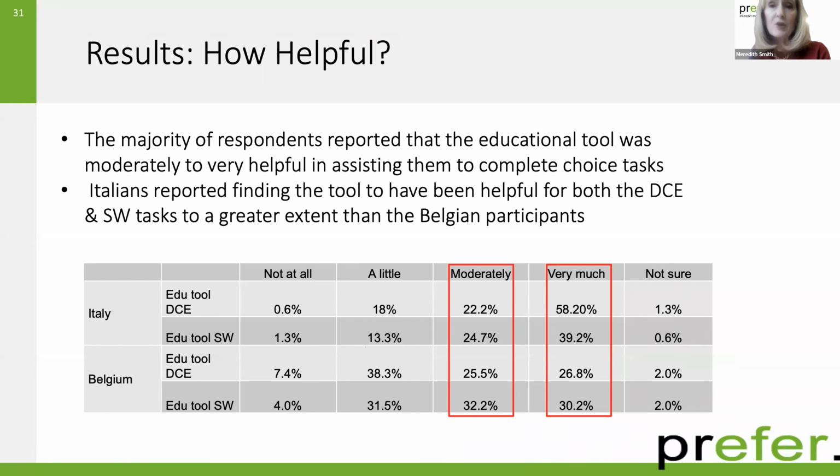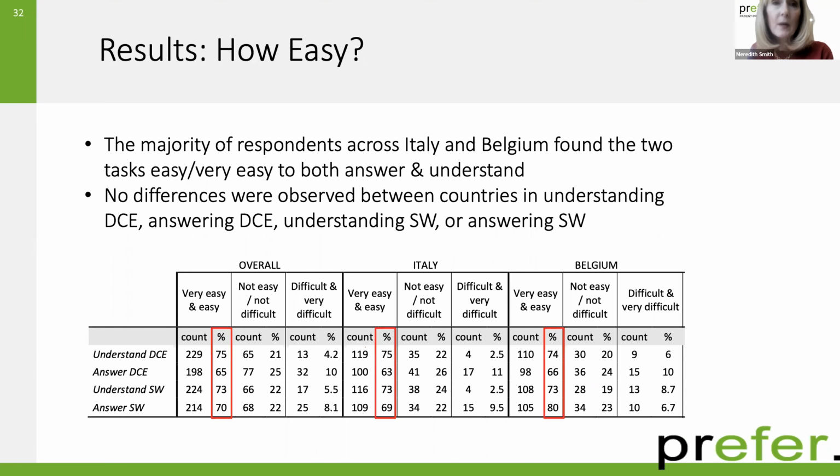And we found that the majority of participants found the tools to be either moderately to very helpful in assisting them in completing the choice tasks. There's slight difference in terms of country of residence. Italians reported finding the tool to be a bit more helpful for both discrete choice and swing weighting tasks as compared to their Belgian counterparts. Next slide, please. Thank you.